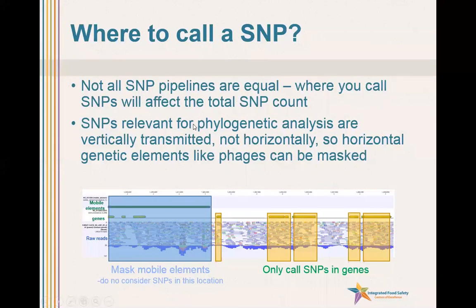So that's one of the other key parts of a high-quality SNP: we remove certain elements and don't use them to identify SNPs because we know they can change quickly.